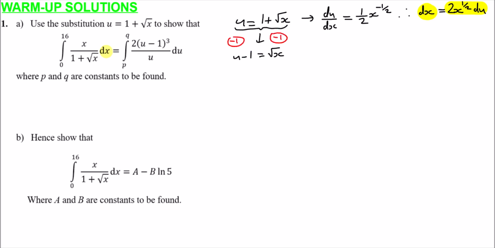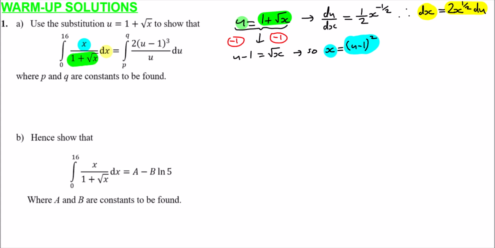And then if I square, x is going to be u minus 1 squared. So again, I can now replace x with what x is in terms of u, which is u minus 1 squared. And of course, u itself is 1 plus root x, so we transform that to this.